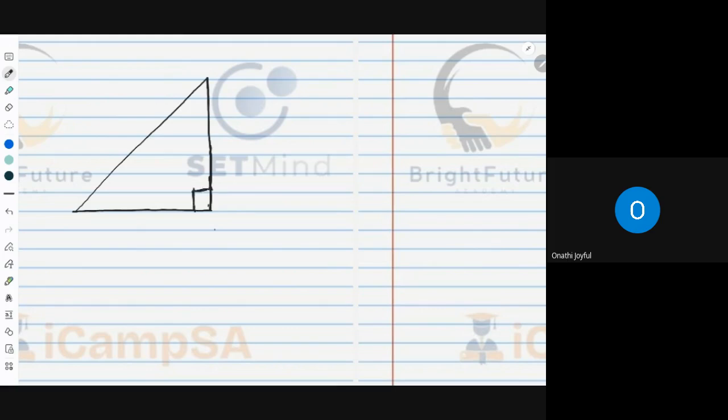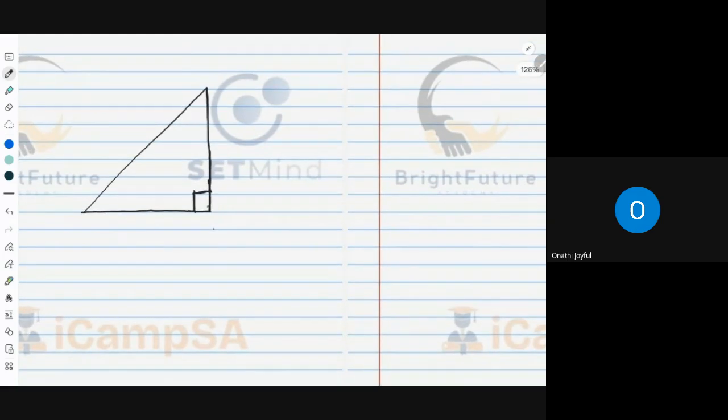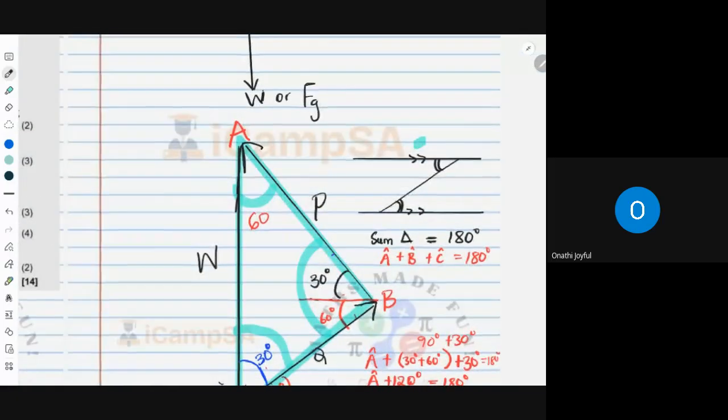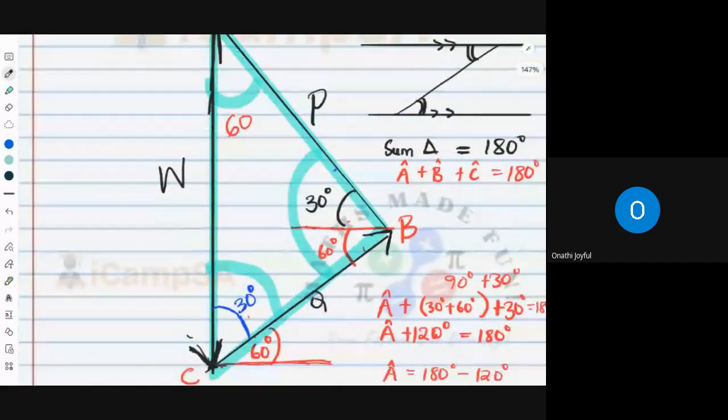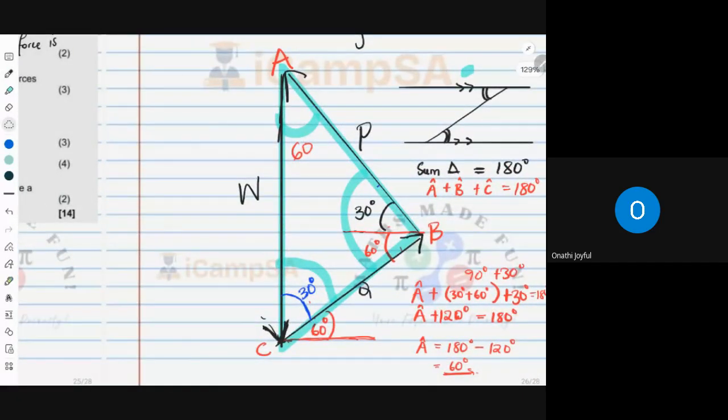So it has a side like this. Then this is W. Let me take it as it is.